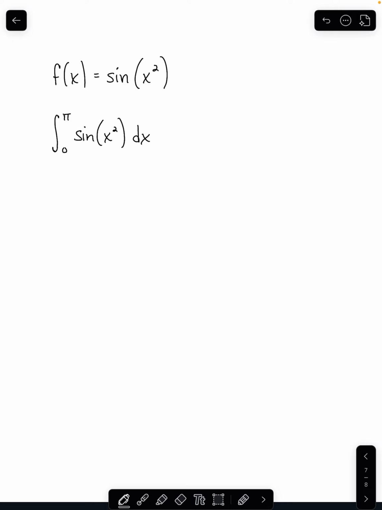And in that way, we could perhaps get away with finding the derivative of sine of x squared rather than its antiderivative. But I think what we would find is that that produces a more difficult integral rather than an easier integral.